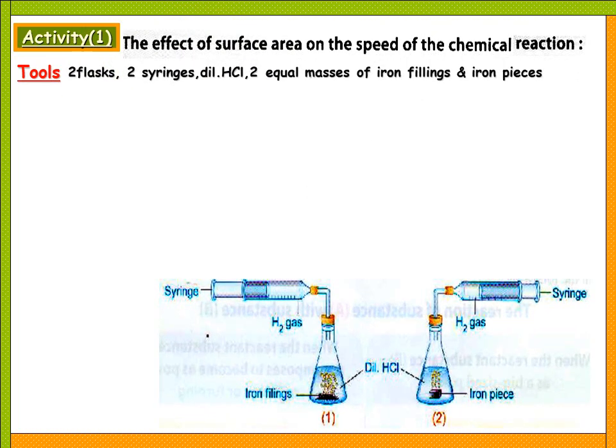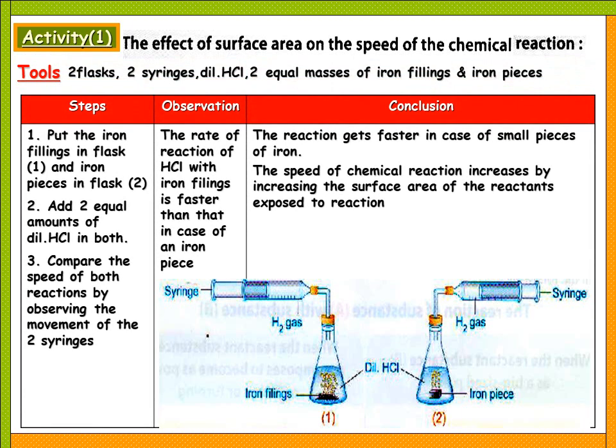We have iron filings and one piece of iron in two flasks, with two equal amounts of diluted hydrochloric acid, and we leave each one until the reaction happens. After some time we will see that the rate of reaction of hydrochloric acid with iron filings is faster in flask A. So we conclude that the reaction gets faster with small pieces of iron.